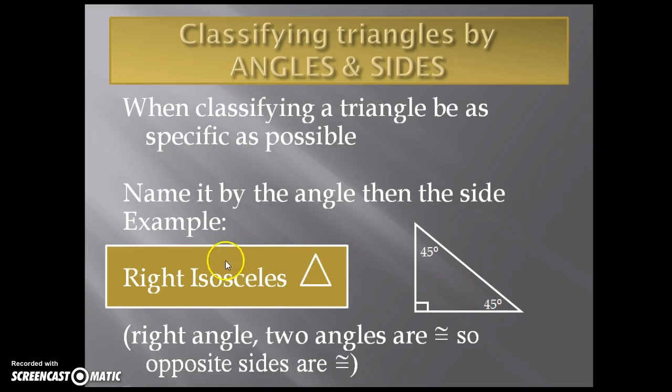Hopefully you realize it was a right isosceles triangle. It was a right triangle because it has the right angle box here. And here's the trickier part. It's an isosceles triangle because these 2 angle measures are congruent, meaning the sides across from them are congruent. So it has a right angle and 2 congruent sides. And 2 congruent sides make it an isosceles triangle.